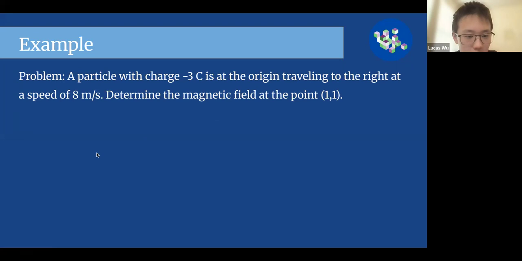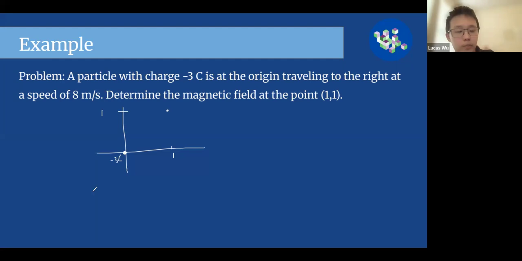This is my coordinate system. My charge is at the origin, and has charge -3 coulombs. Now it's traveling to the right at a speed of 8 meters per second. And I want to determine the magnetic field at the point (1, 1). So that has coordinate 1, that has coordinate 1, right?